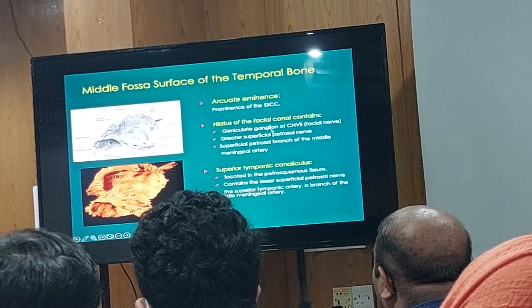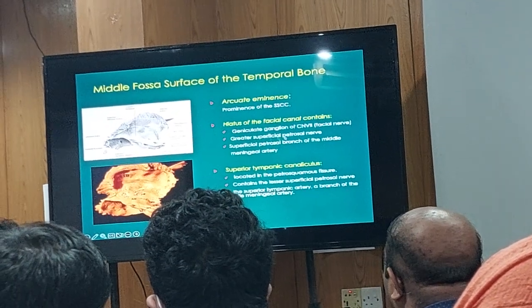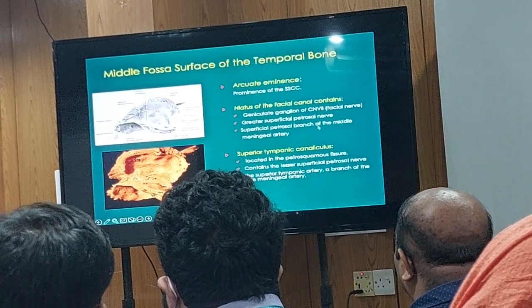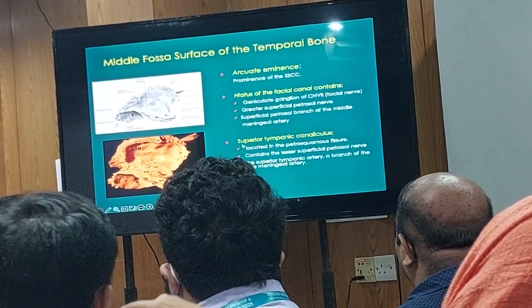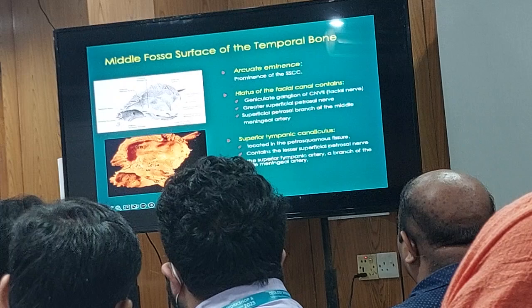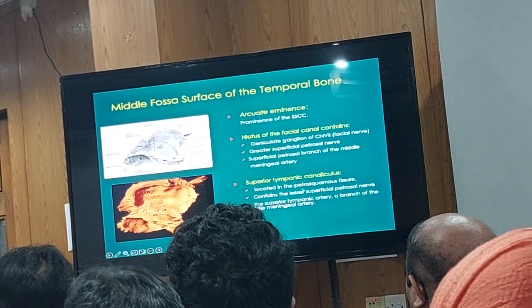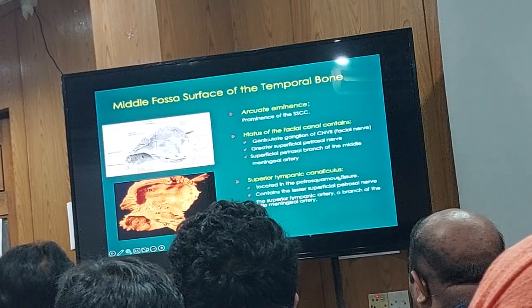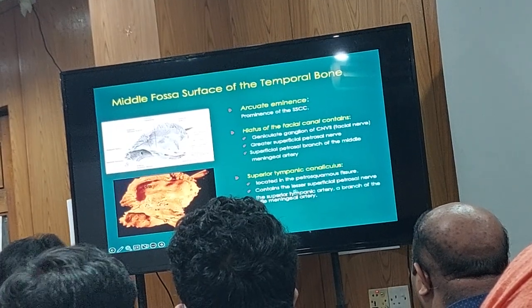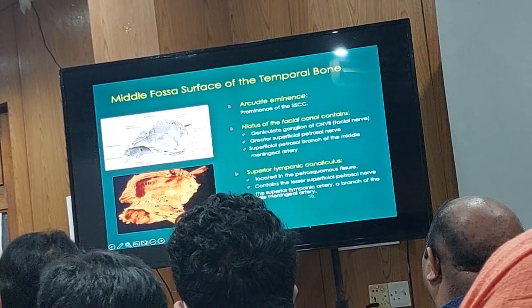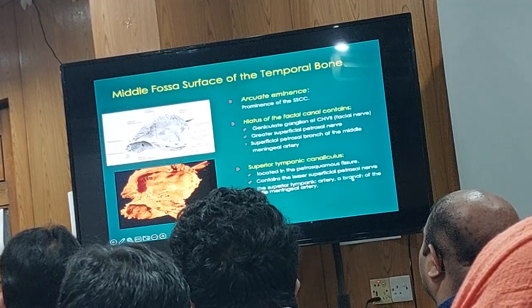There is the geniculate ganglion, greater superficial petrosal nerve, superficial petrosal branch of the middle meningeal artery, and the subarcuate canaliculus. If you can understand, there are some impressions here. The subarcuate canaliculus located in the petrosquamous fissure contains the lesser superficial petrosal nerve, transmits the subarcuate artery.